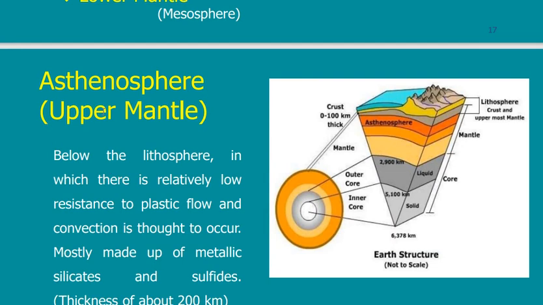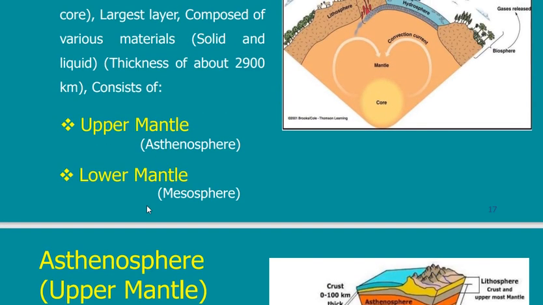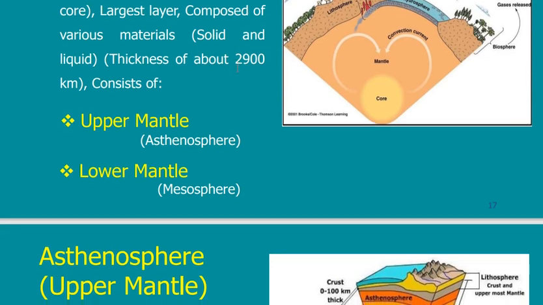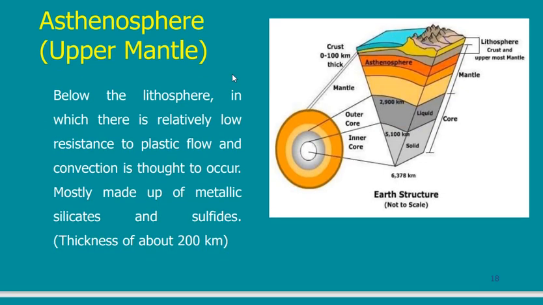The upper mantle, the asthenosphere, has a thickness of 200 kilometers. So the rest for the lower mantle will be something like 2,700. I mean that the upper mantle is not very thick compared to the lower mantle.